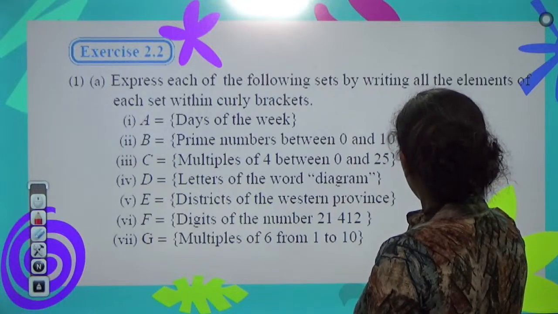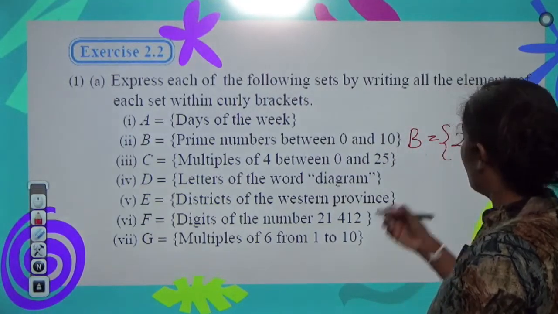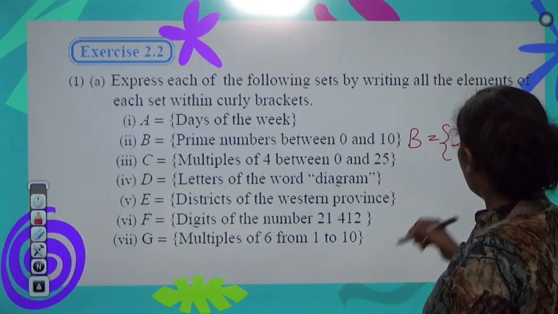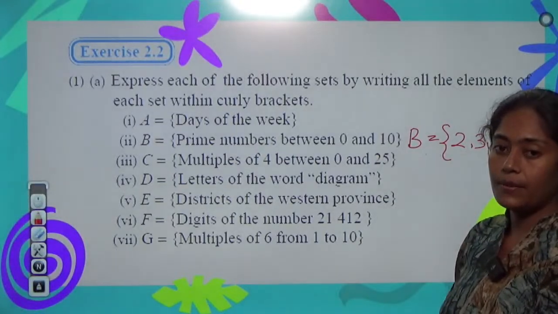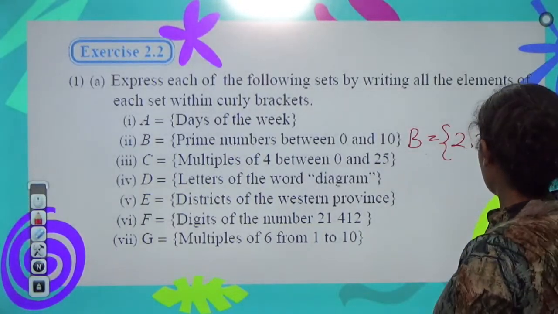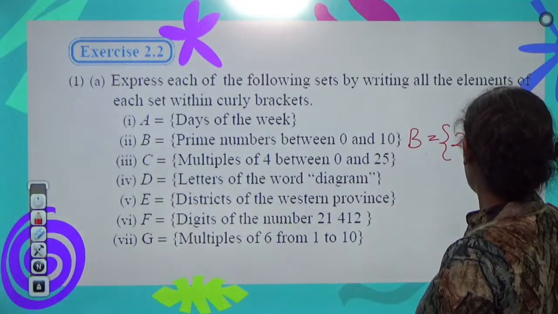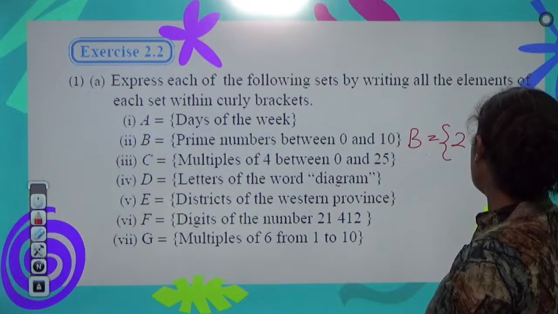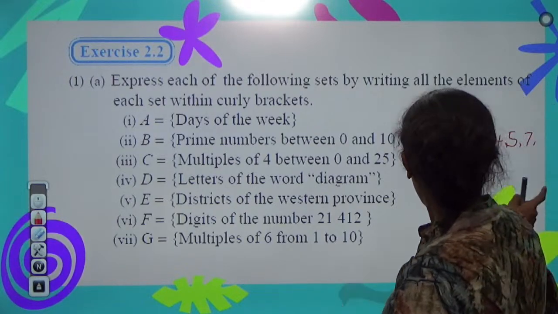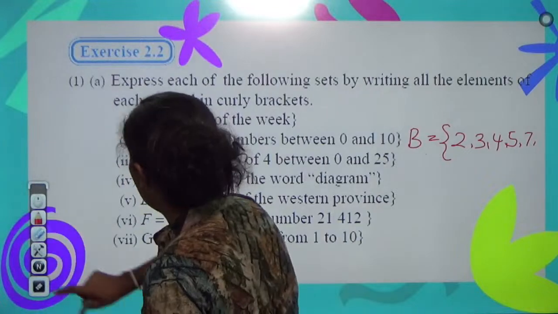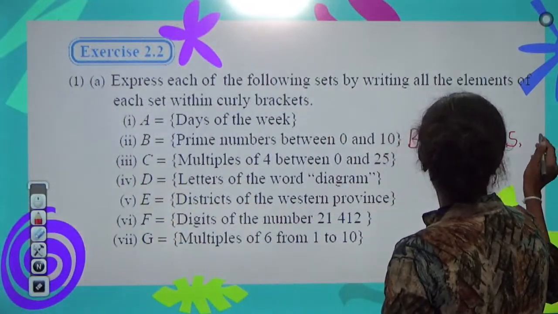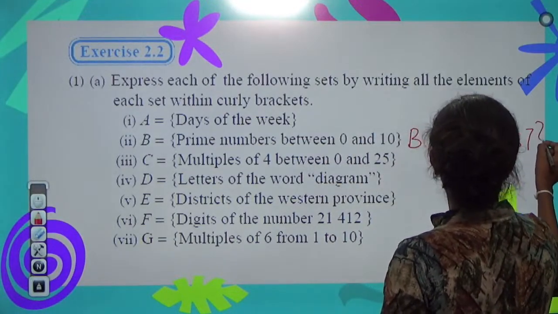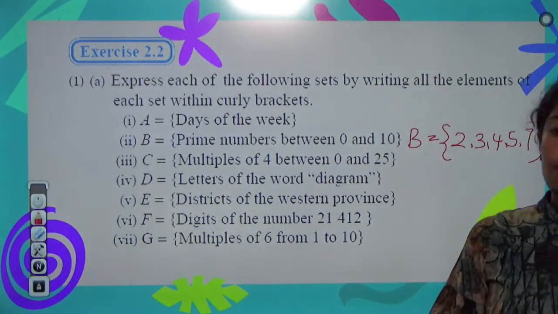Two is a prime number, then 3. 4 is not a prime number. Then 5, is that a prime number? Yes. Then 6 is not a prime number, 7, 8, 9, 10, no. Then we had only these: 2, 3, 5, 7.